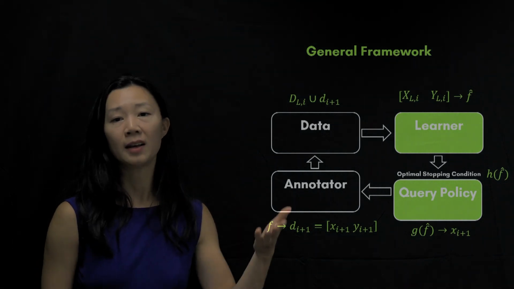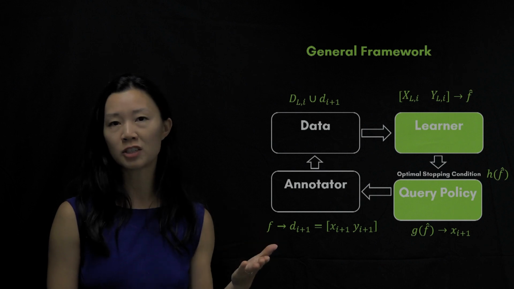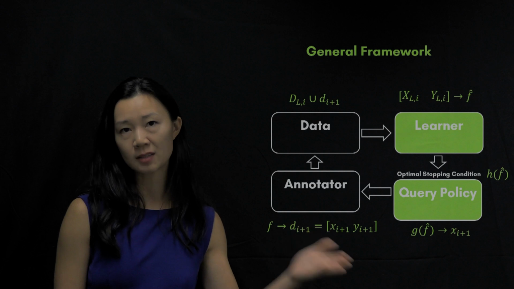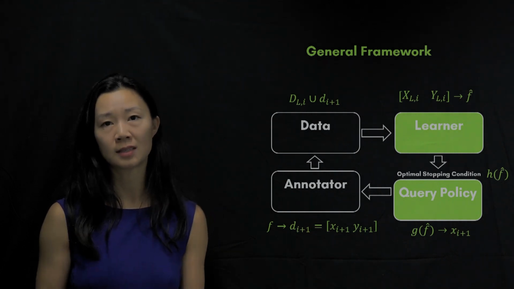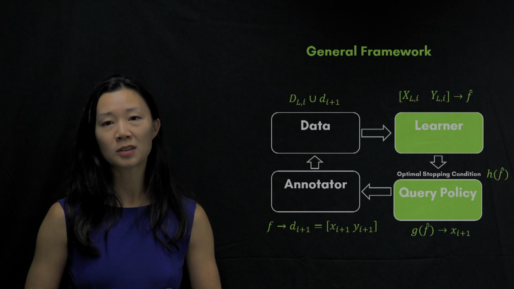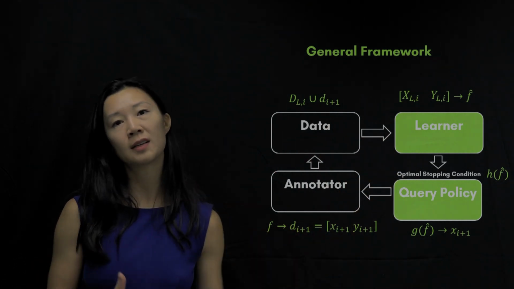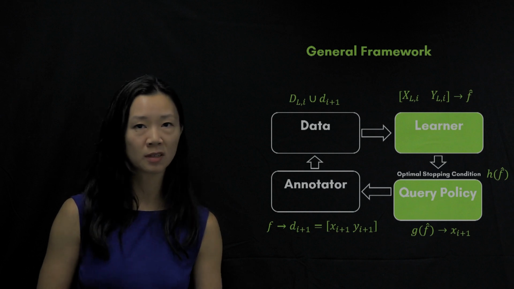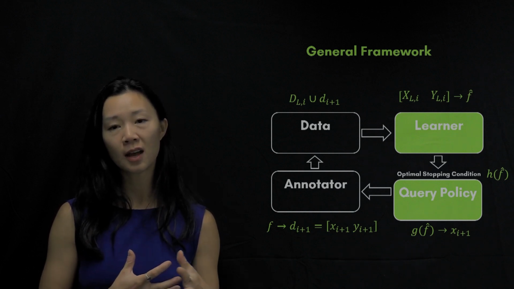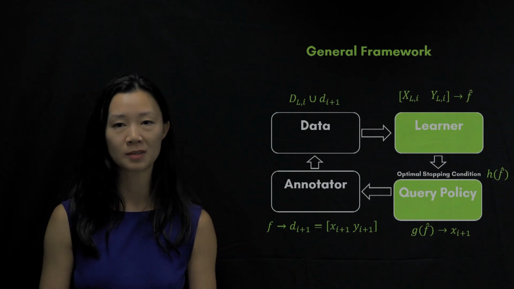And on top of that, the annotator, the ground truth system that generates the training pairs little d, which includes the x and y of your selected sample, that annotator is likely already chosen. And so the learner and the query policy, these are things that likely haven't been chosen yet, and you as a user, as a designer, can choose, and that choice then flows down into your algorithm performance.